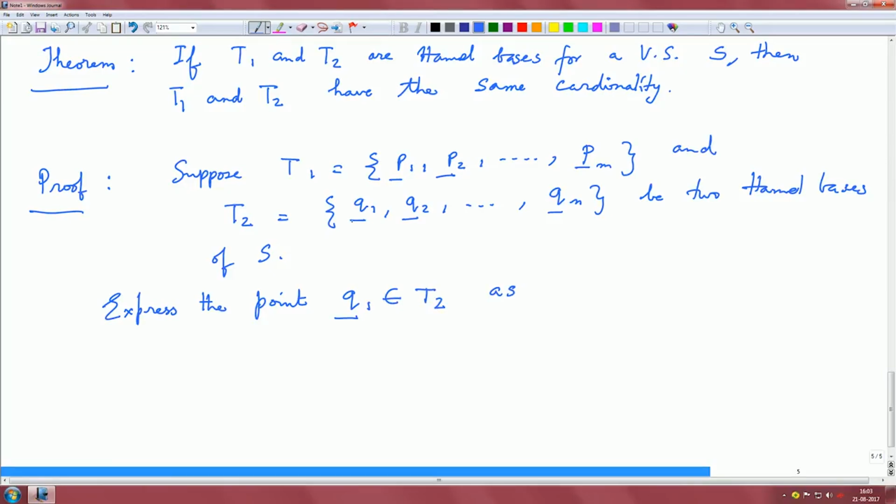We pick this vector Q1 in T2 and we express it using the vectors in T1.